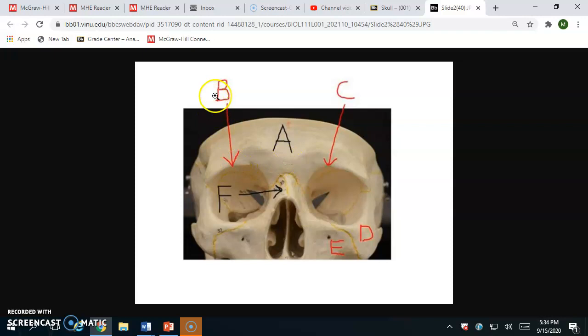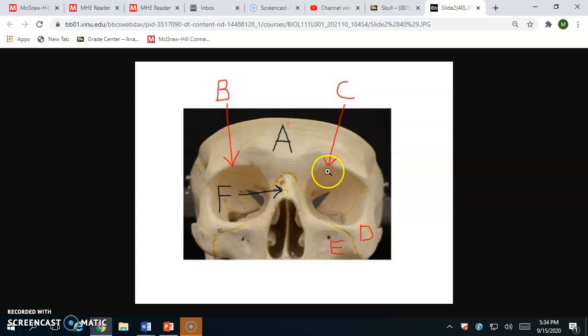Then these little arrows are pointing to the two surface markings. This one is pointing to the surface marking called the supraorbital margin. That whole margin of that bone there is called the supraorbital margin. And then this is pointing to a tiny little hole.